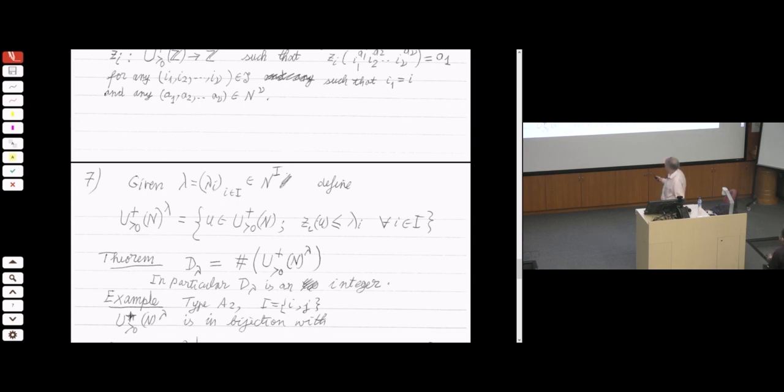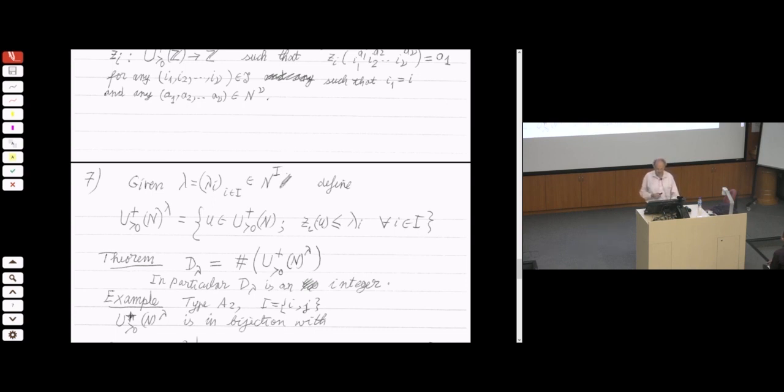So we have defined this thing without exponent lambda, but now we define the subset corresponding to lambda. So you take all elements in this semigroup such that if you apply zi to it, then you get something which is at most lambda i.